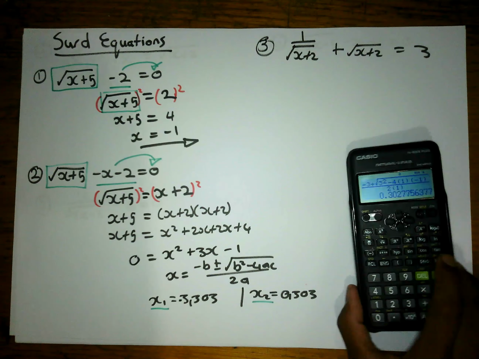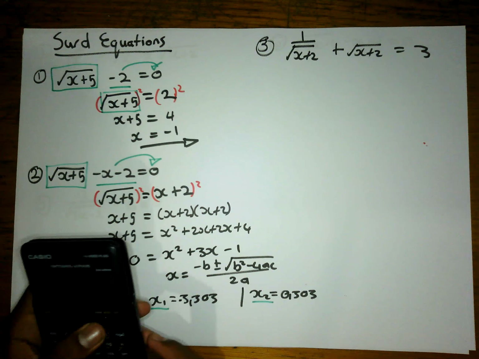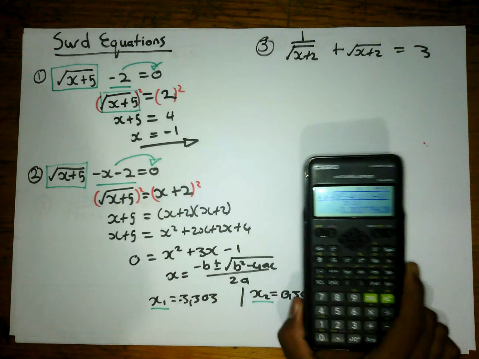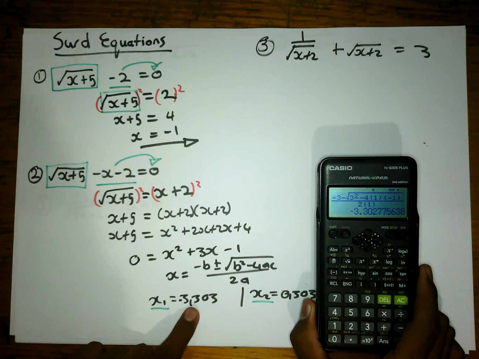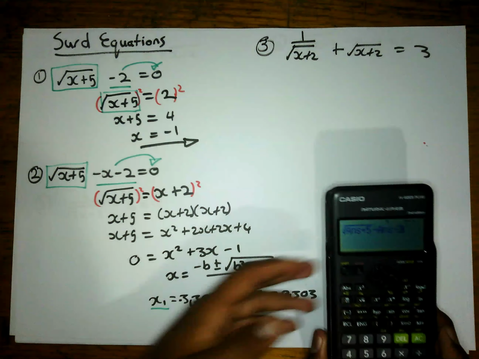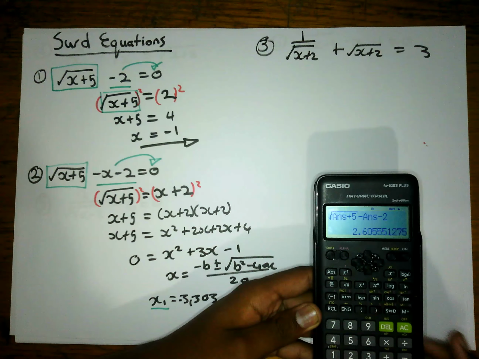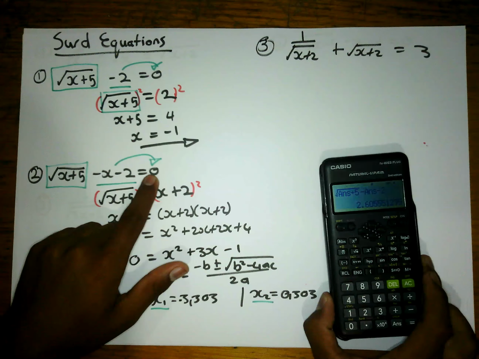Oh no, it's the plus now, should be negative. So I'm getting this answer over here, negative 3.303. When I type this in a calculator and I press equal, I get this answer, and it's not 0. It should be 0.